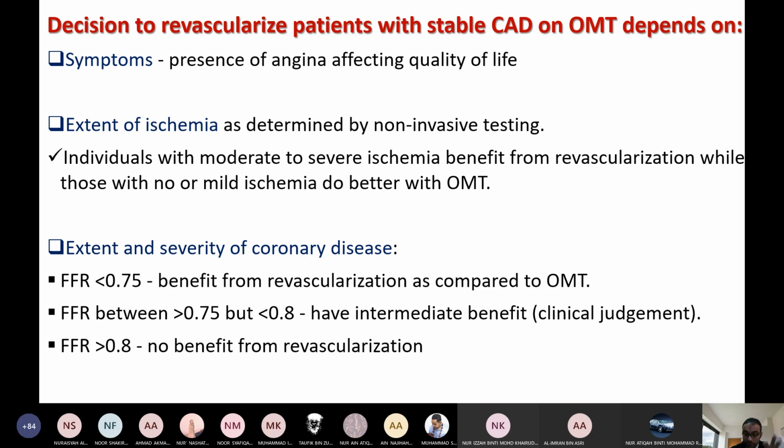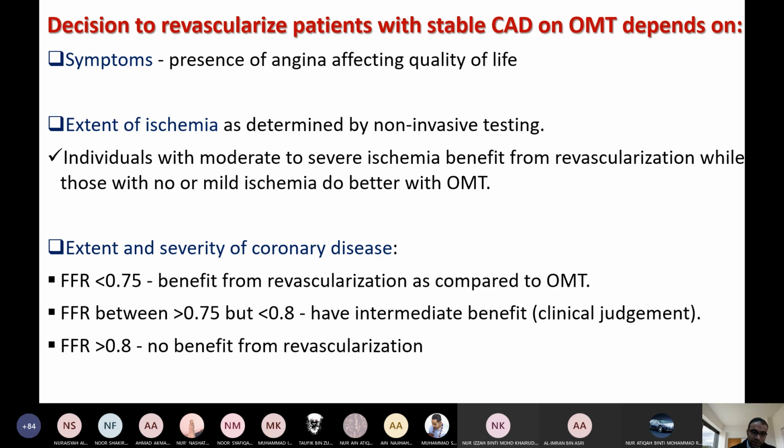The decision for revascularization in a patient with stable coronary artery disease will consider the symptoms and how they interfere with quality of life, the extent of the ischemia, and the severity of the coronary stenosis. The severity of coronary stenosis is usually assessed by measuring the fractional flow reserve.